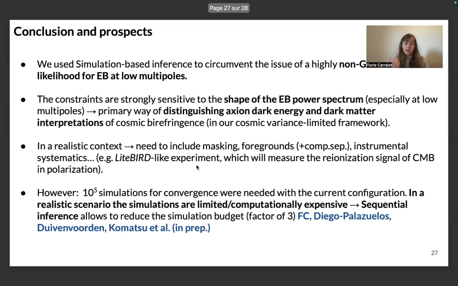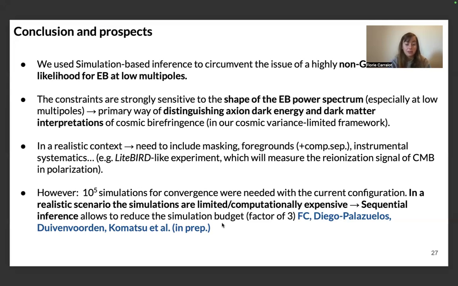And the last point, an important point, is that we saw that to reach convergence with our neural network, we needed 100,000 simulations. But in a realistic scenario, including all the complexities that I mentioned in the previous point, such a large amount of simulations would be hard to produce.